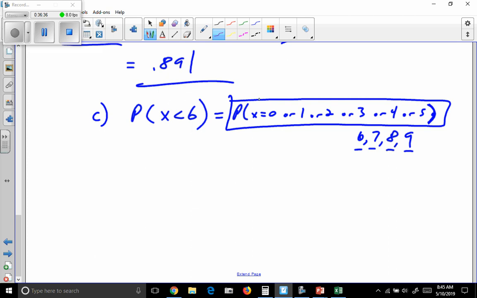But notice we've calculated this one already, the probability of none of the people liking drones. We've done that one, the probability of 1 person being in favor of drones. We've also done that one. So we are only lacking those. So once we find the probability of 2 people being in favor of drones and 3 people and 5 people, then we can add those together, and that will give us the probability that our number of people that like drones is less than 6.